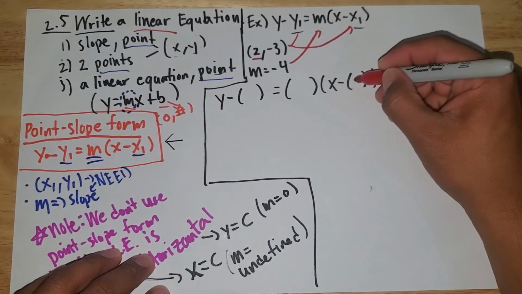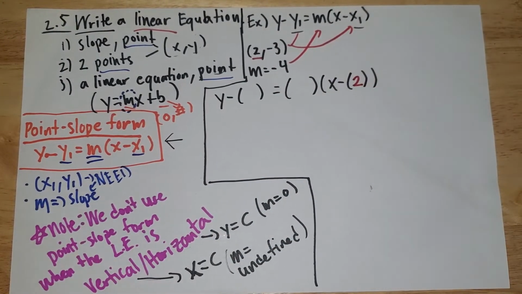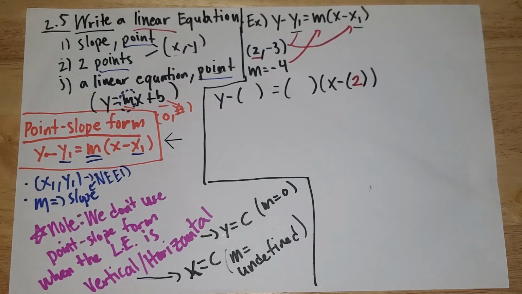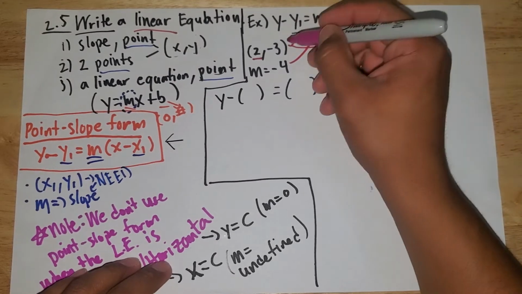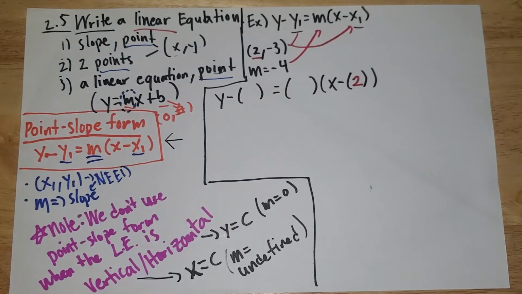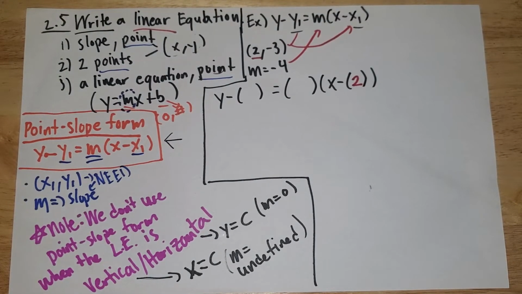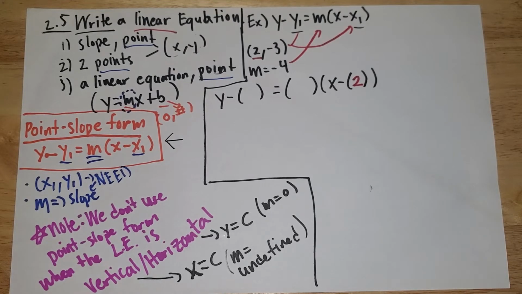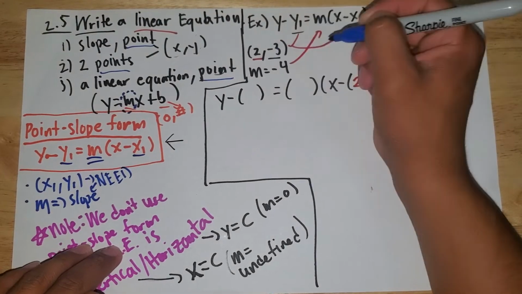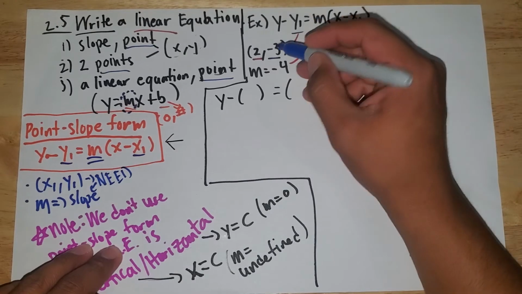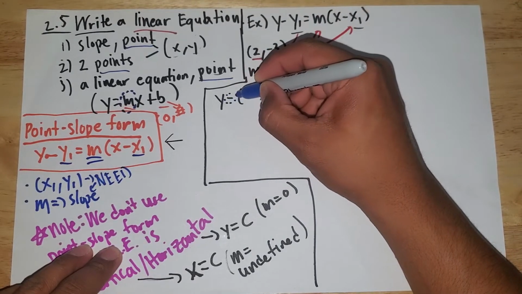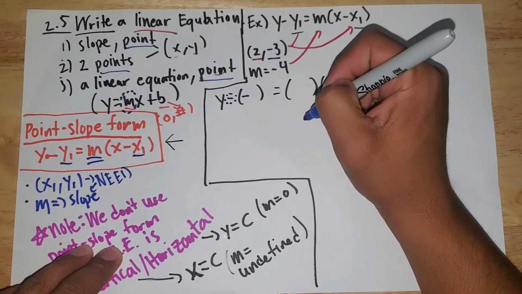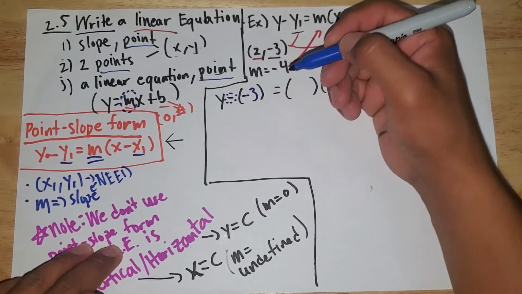This too is coming from the point. Then we have our y. Let me use a different color just so it pops out. Our y is here, which, remember, your y is -3. This negative is coming from the formula, whereas this negative is coming because of your point.